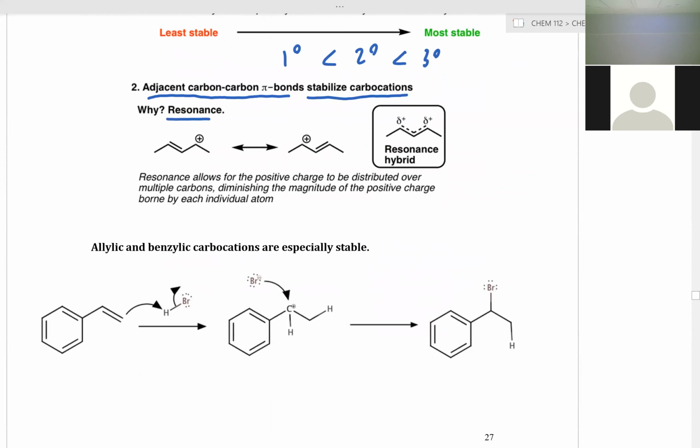For example, in cases where you can generate an allylic or benzylic carbocation, these processes are especially favorable because allylic and benzylic carbocations are especially stable. So this carbocation would be benzylic, and it's stabilized via conjugation to this aromatic ring.